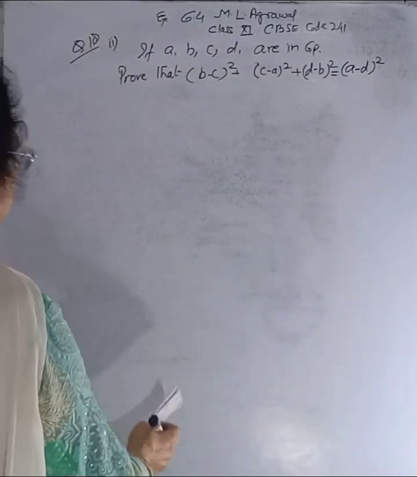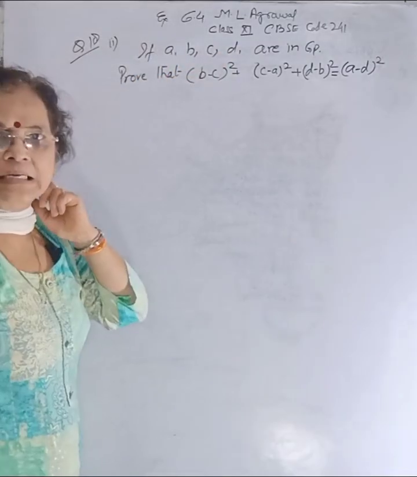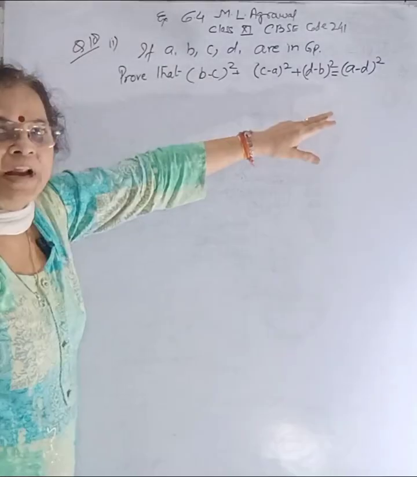This is to be proved provided we are given the conditions that A, B, C, D are in GP. Left hand side should be equal to right hand side.